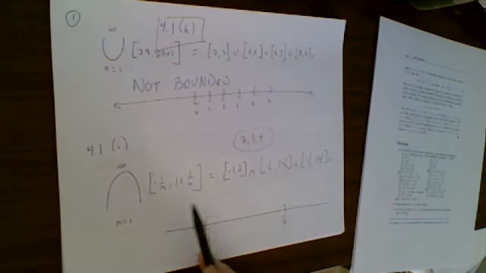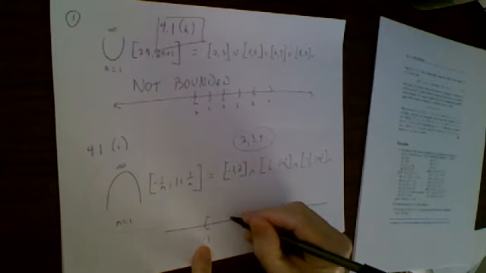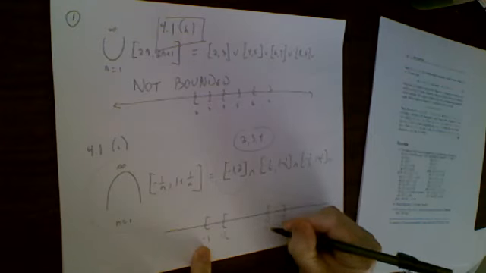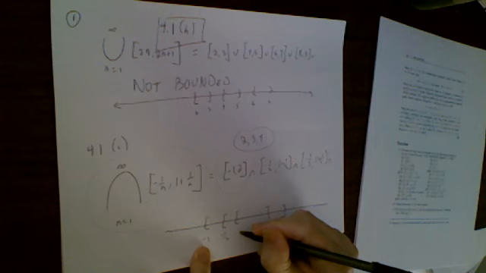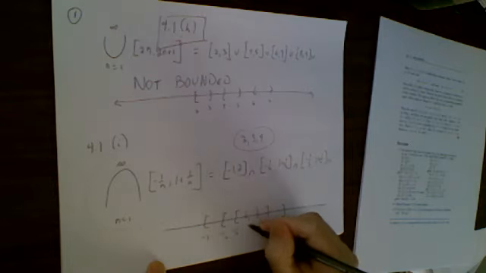Well, that answers the question that the book had, but let's try to understand what this set looks like a little bit more, because I think people were having some trouble with the concepts of nested intervals. We have the closed interval from -1 to 2, intersected with this interval, intersected with this interval, and notice these endpoints keep moving further and further to the right, and they can be made as close to 0 as you want.